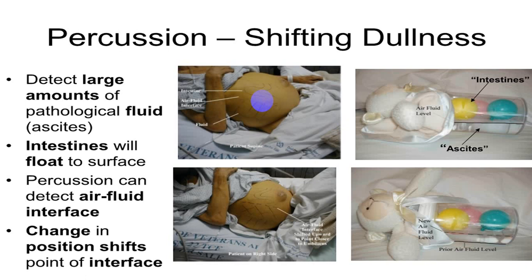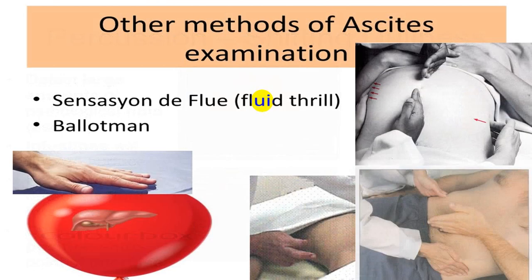And while doing that percussion, if you put your palm on the opposite side, now I'll show you that. If you percuss here and put a palm here, the fluid wave will be passed and you will be able to palpate it here, and also you will be able to auscultate. So percussion with palpation, and percussion with auscultation, can be done as far as the fluid thrill is concerned. So the fluid thrill will be palpable, and you will be able to get a fluid splash on auscultation.